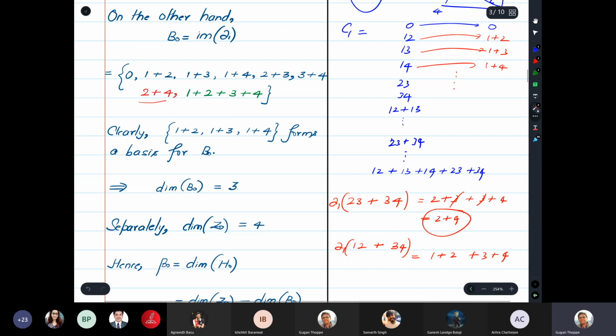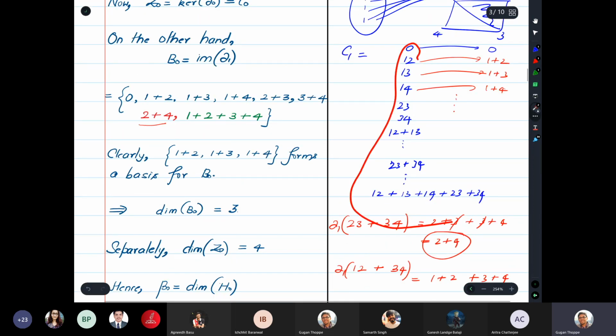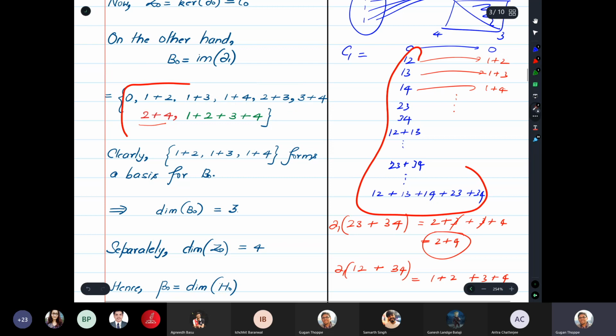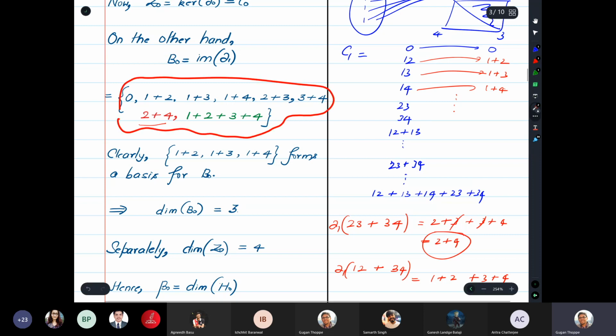And if you take any other one chain, that will give you only one of these 8 possibilities. Okay, so whatever one chain you take, it will only give you one of these 8 possibilities, right? So that's why B0 will indeed be this vector space that is specified over here, right?